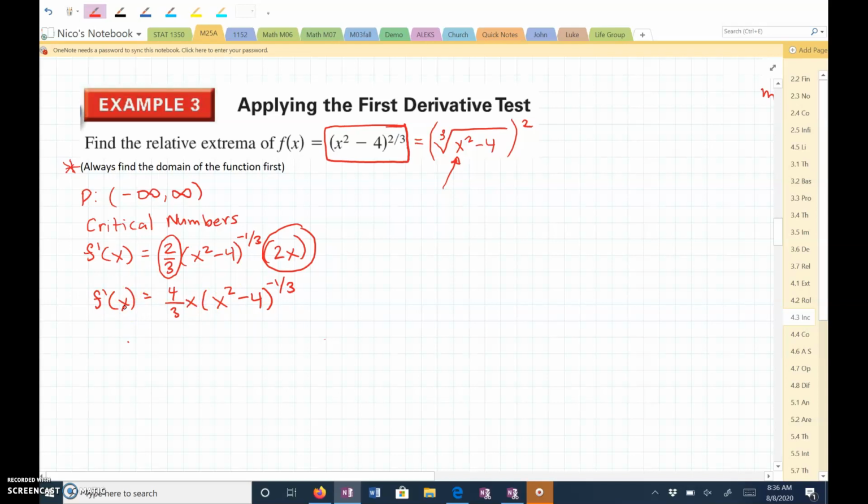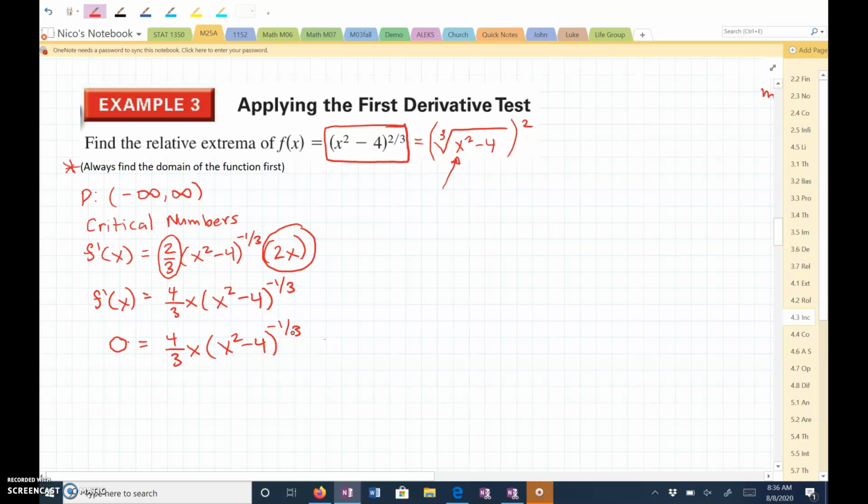And now, to find the critical numbers, I need to figure out what are the x values that would make this derivative equal to 0, and what are the x values where this derivative would not exist.